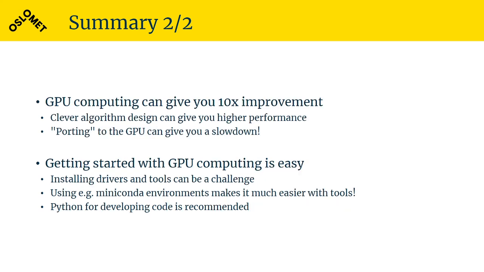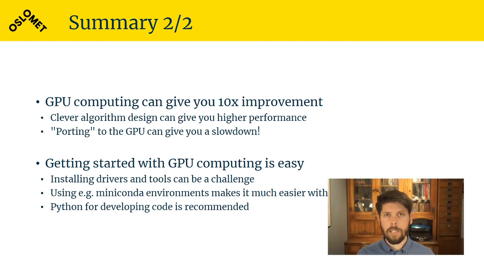Now, if you do this right, you will be able to get something like a 10 times performance improvement. We're going to be looking at an example later on where we see what kind of speed improvement we get when working with this. And typically, if you start off doing this, you get a slowdown. So the first GPU program you run is going to give you slower code than your CPU code.